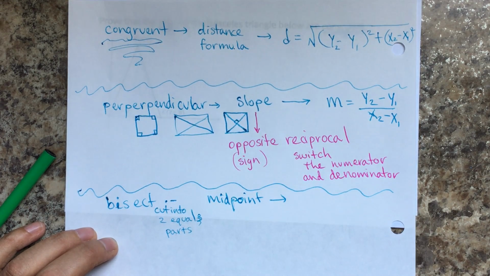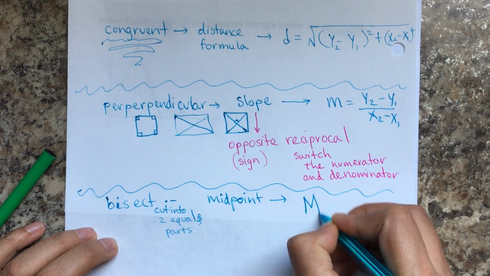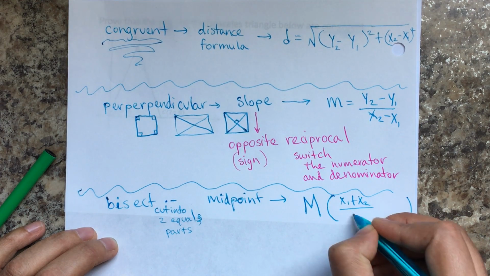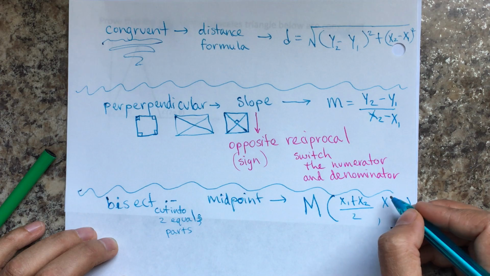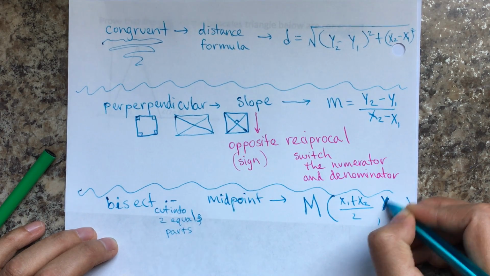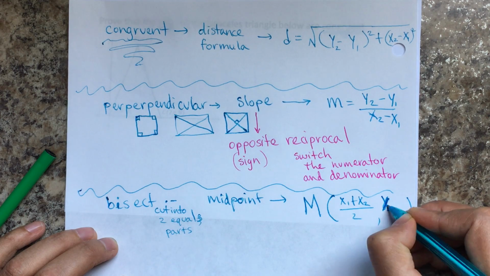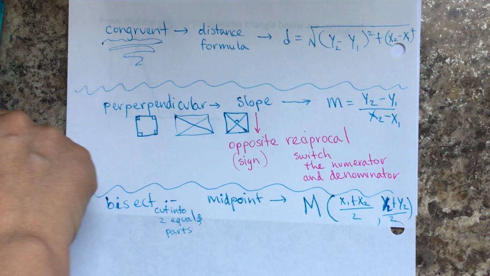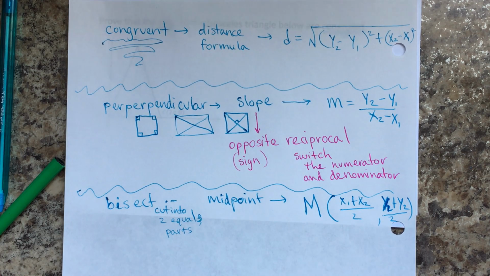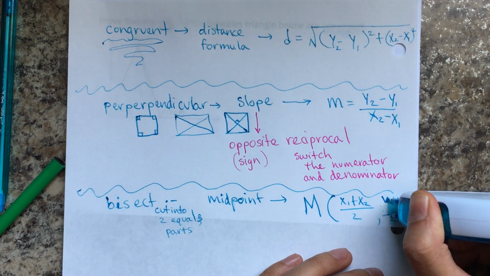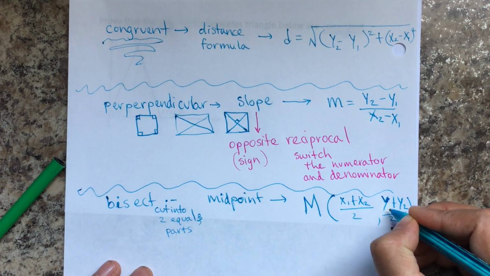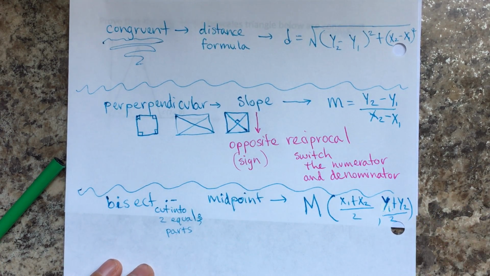The formula for the midpoint is m equals x1 plus x2 divided by 2, y1 plus y2 divided by 2. Okay, I was thinking of the slope, that's why. So these are the three formulas.